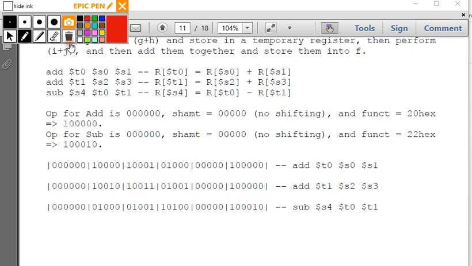And so here, we've used this function to indicate subtract. Our shift amount is 0, 0, 0, 0, 0. So we have T0 minus T1, and we put it into S4, just like we've done here. S4 is 16 plus 4, so that's 20. So that's that value there.